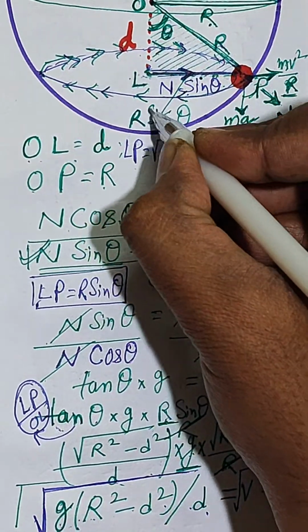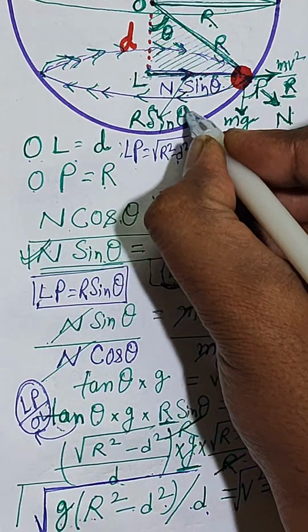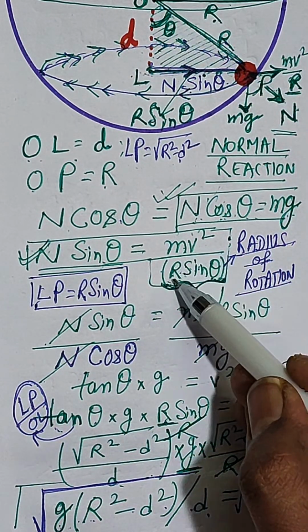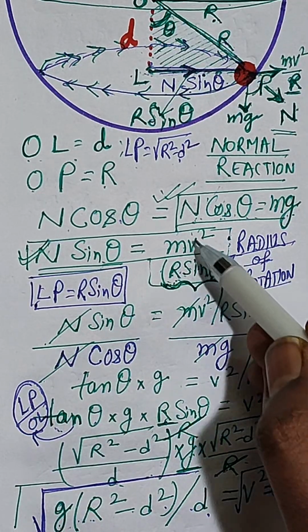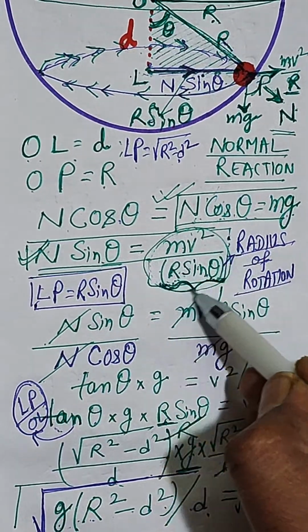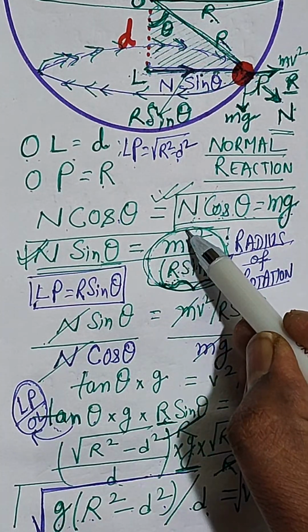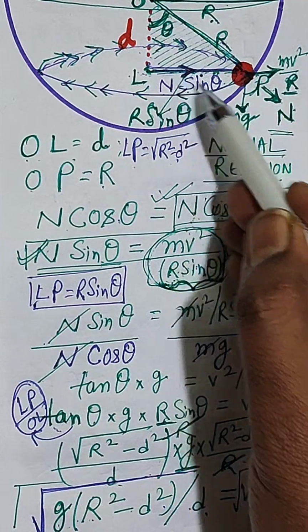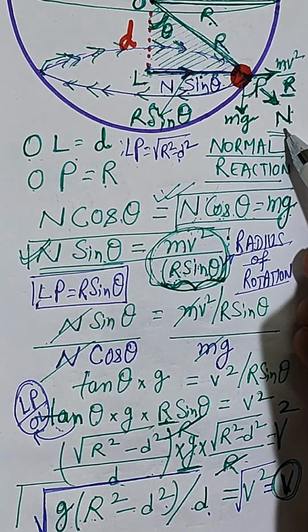Let me write it properly. So mv square by r will become mv square by r sine theta, right? This will be the centrifugal force, which is compensated by the horizontal component of this normal reaction.